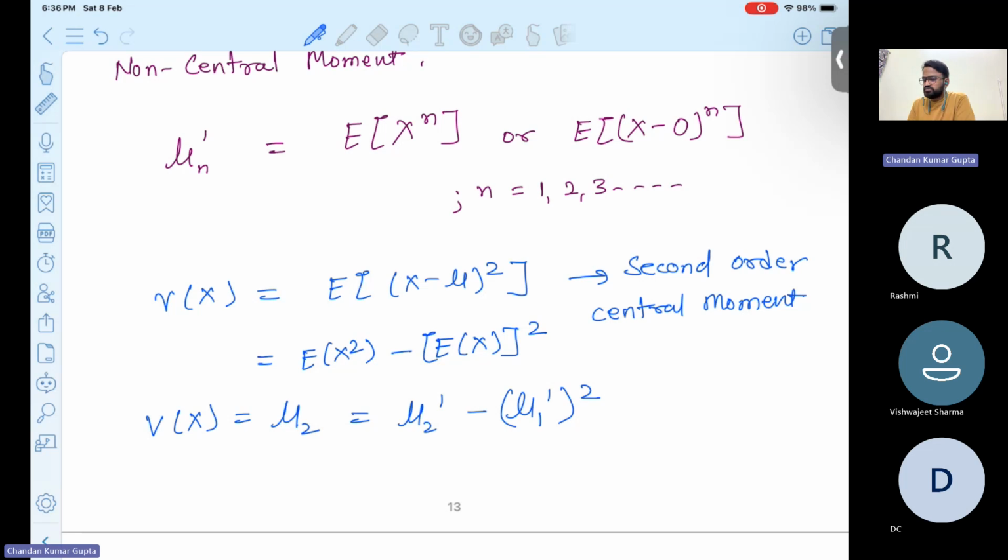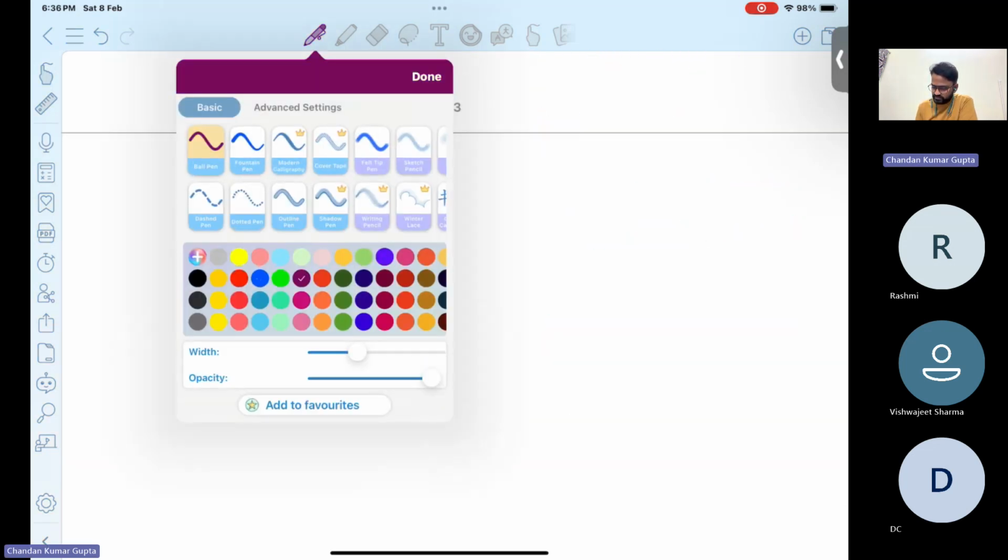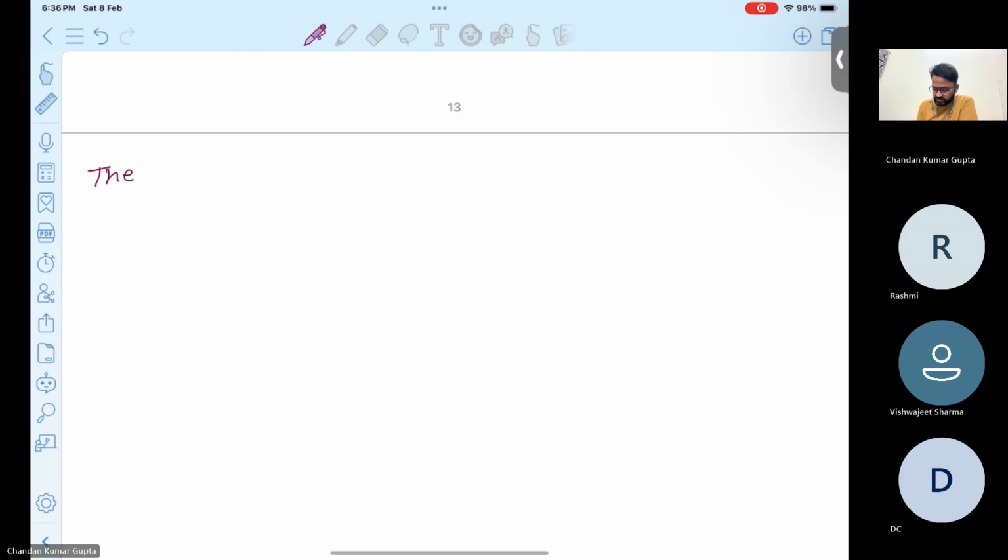Now we have some theorems. These theorems are actually treated as properties. We are not going to prove the theorems, but the theorem statements are used as properties.